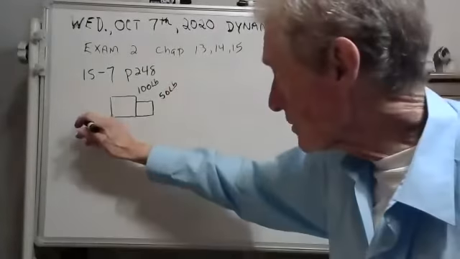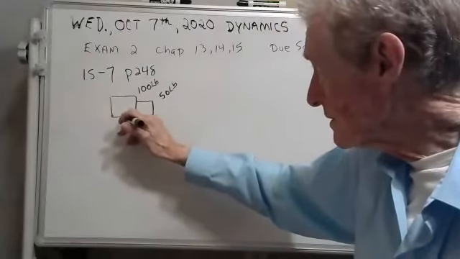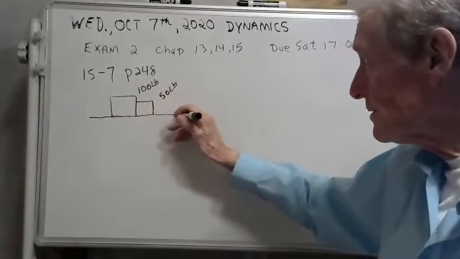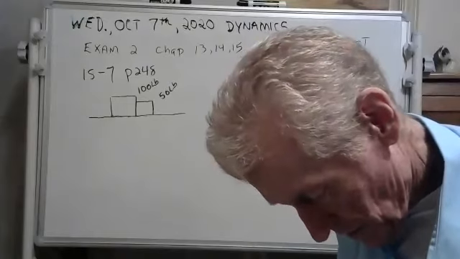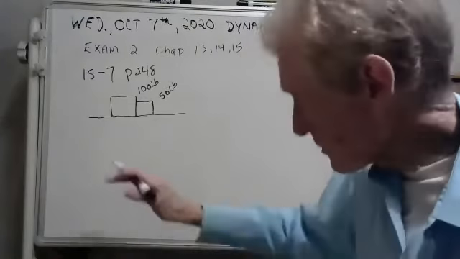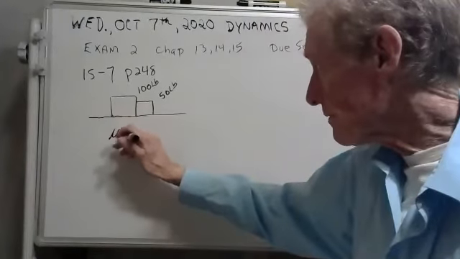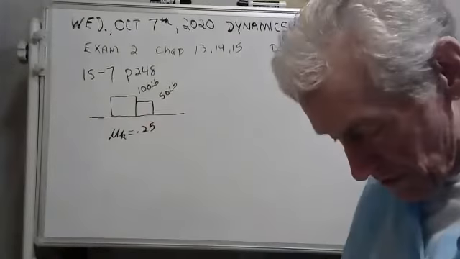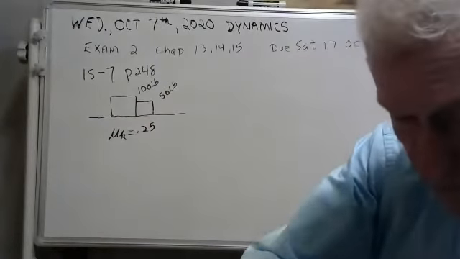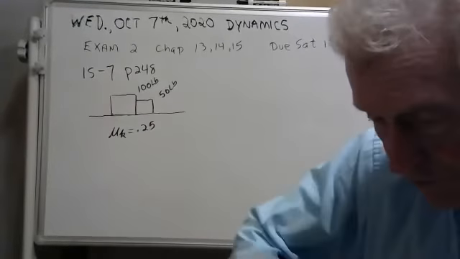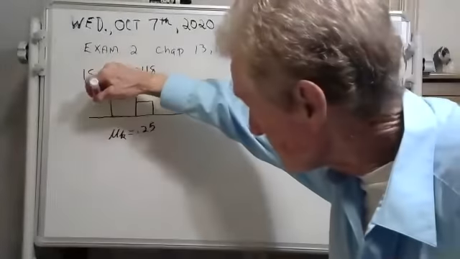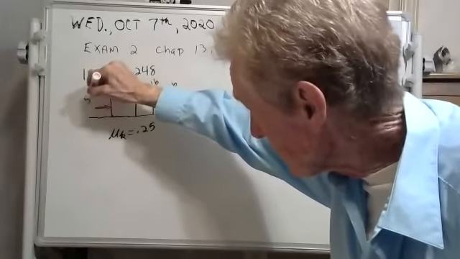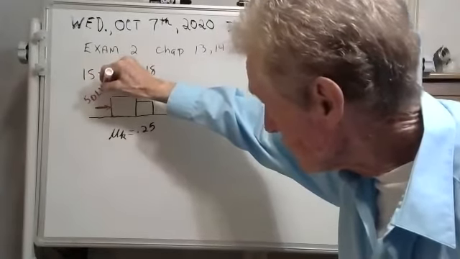And they're on a surface. They're on this surface, and the coefficient of kinetic friction is 0.25. Let me write that down. And somebody is pushing on it with a 50-pound force. Now, I like my forces in red. So there's that 50-pound force there.